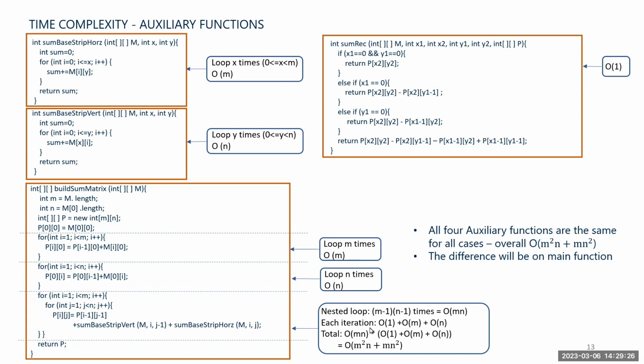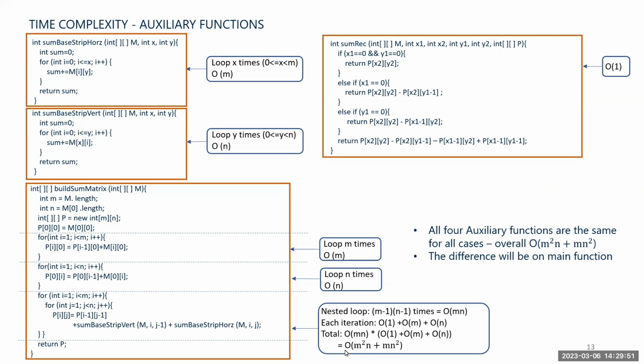Then each iteration will be O of 1 plus this base vertical strip is O of M, and this base horizontal strip is O of N. So the total is going to be the loop times multiplied by each iteration.